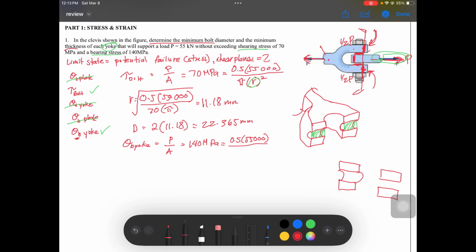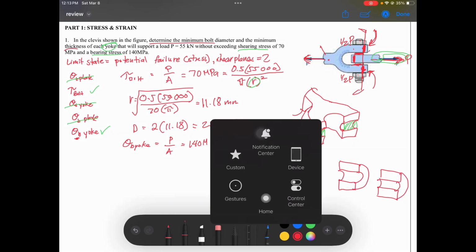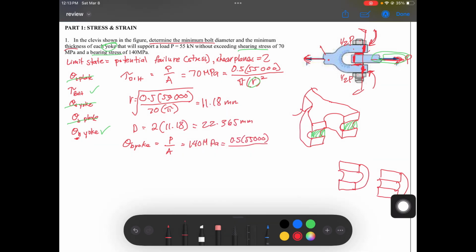Dito nakalagay yung bolt. Dito nakahiga ang bolt, or ito yung pinipress na area ng bolt niyan. And then, the consideration ng bearing area is this one.